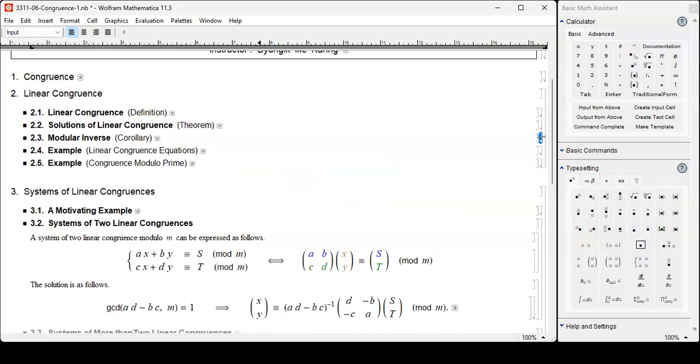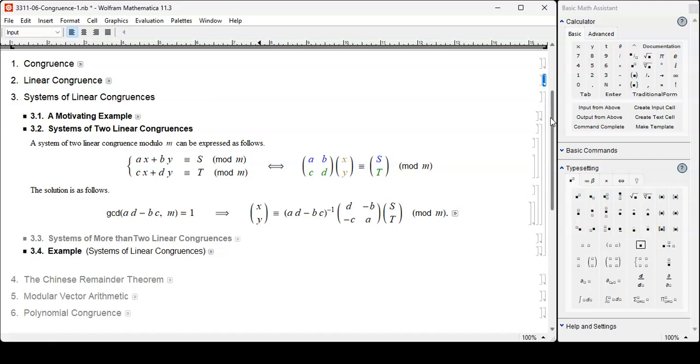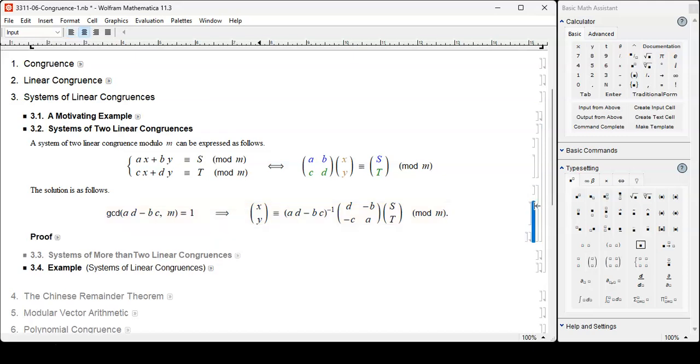And once the modulo inverse exists, it's unique modulo M. So that's where we use the relatively prime condition right here. And as for this entire quantity, if you're comfortable with linear algebra, you must already know. But in case you don't, let's have a proof.